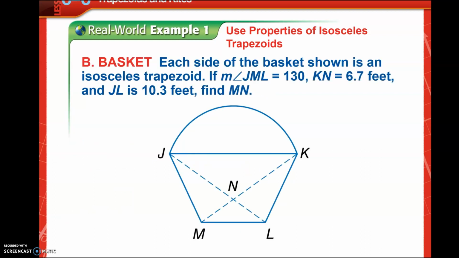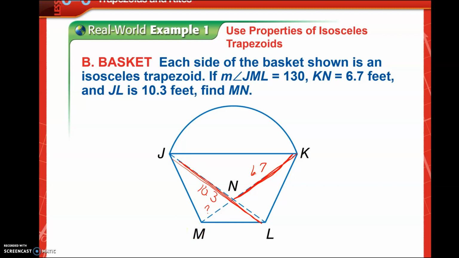So here we know that JL, this whole length, is 10.3. And KN is 6.7. We want to find this one. So we know that JL and MK are equal.